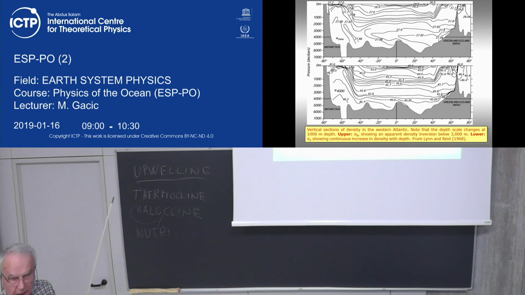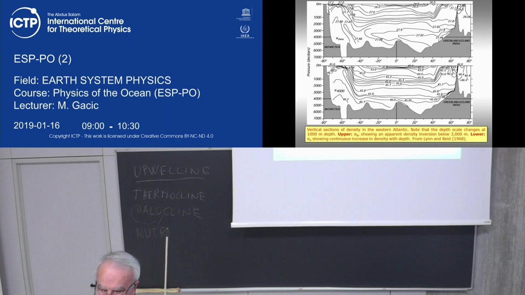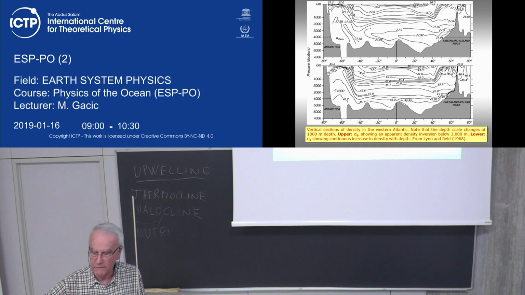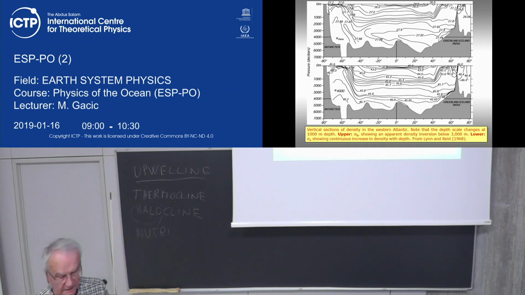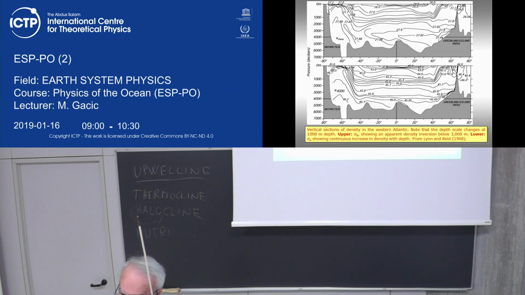Why? Because you have the continuous loss of heat at the surface, and this continuous loss of heat creates a decrease of the water temperature, which then causes the increase of the water density, and then it causes the vertical mixing. So it mixes due to the heat loss, because the sun doesn't bring enough heat in that area.